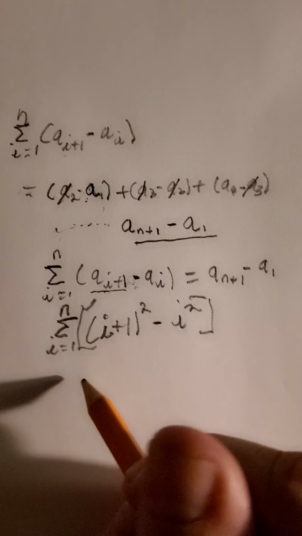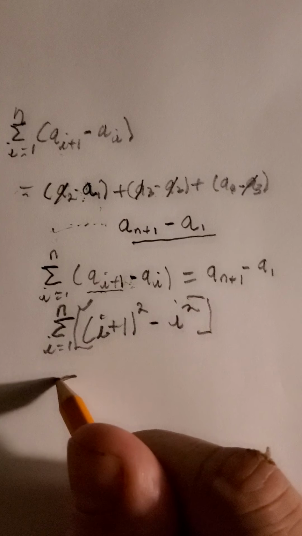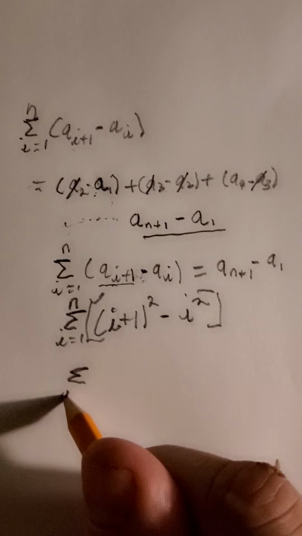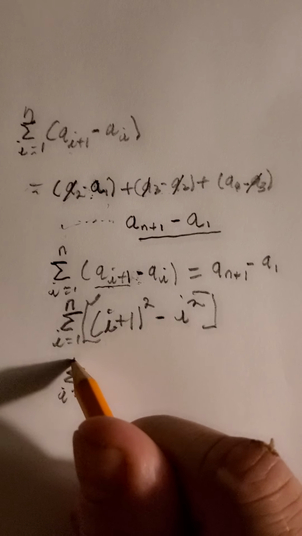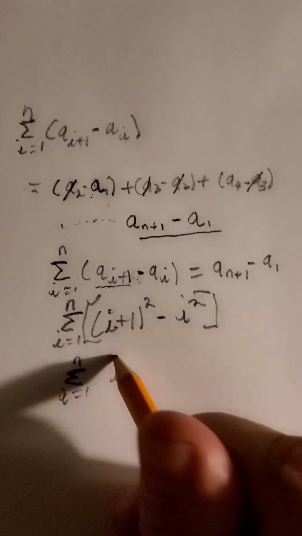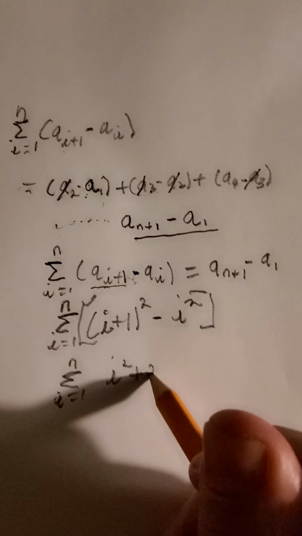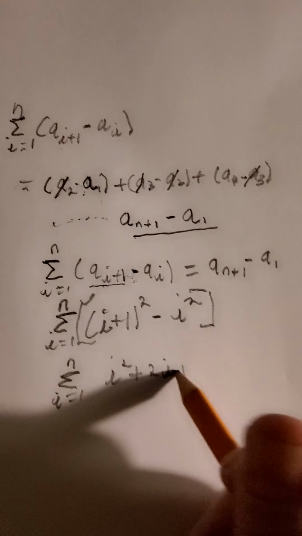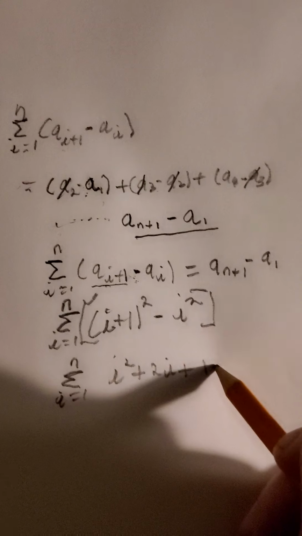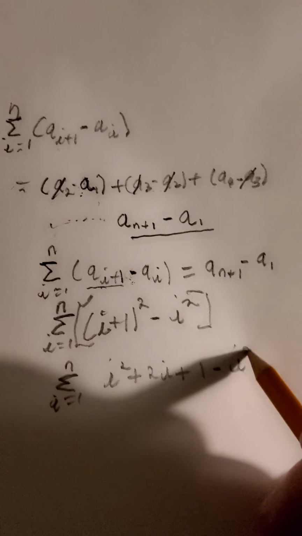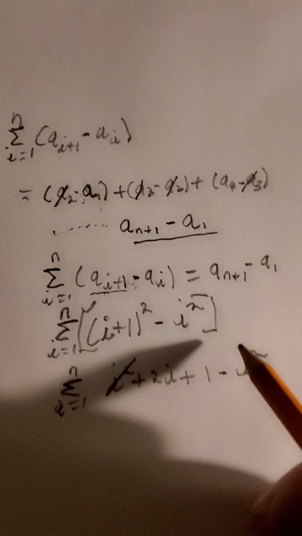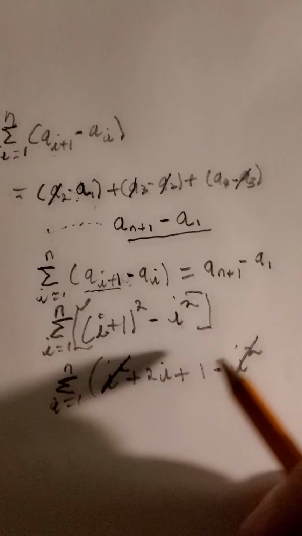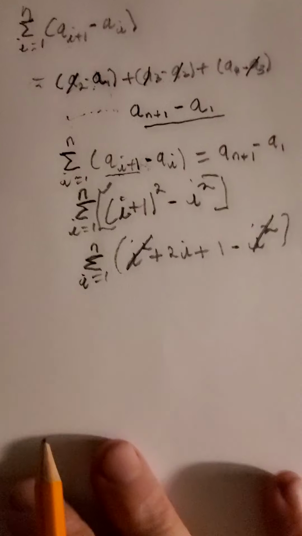So in other words, this will turn out to be the summation as i goes from 1 to n of i squared plus 2i plus 1 minus i squared. The i squareds will cancel. Okay?